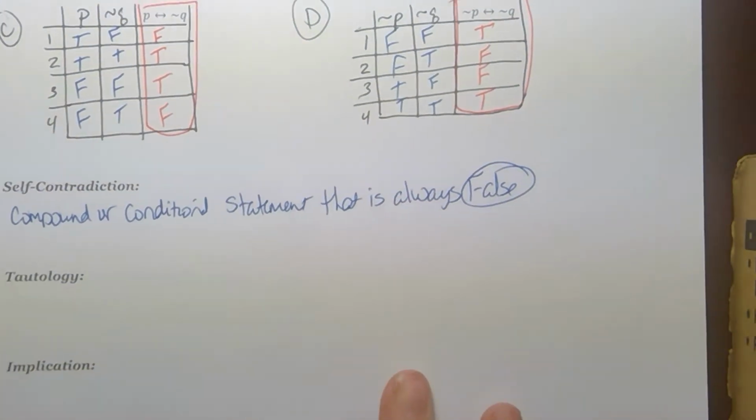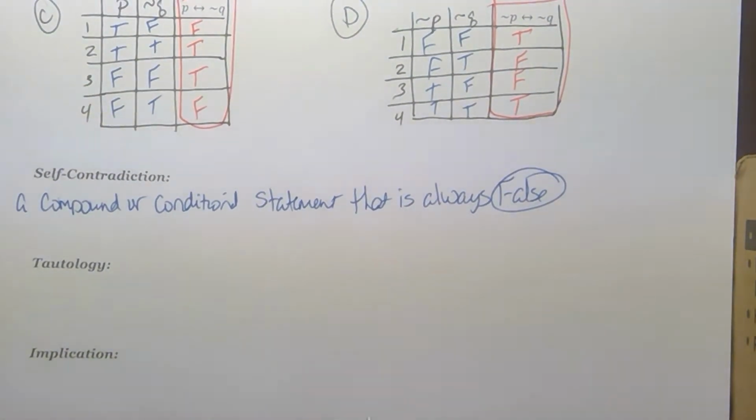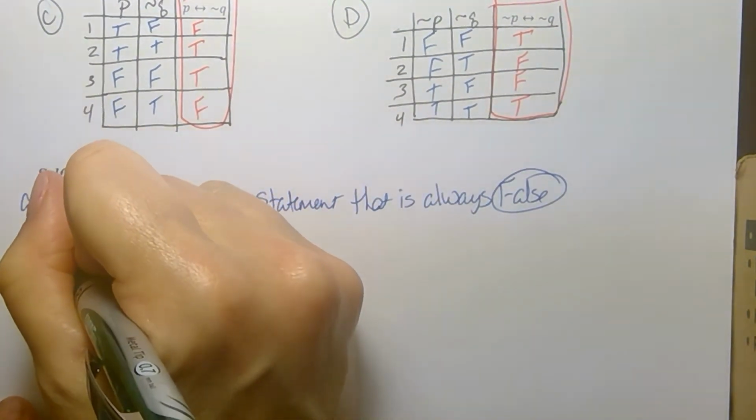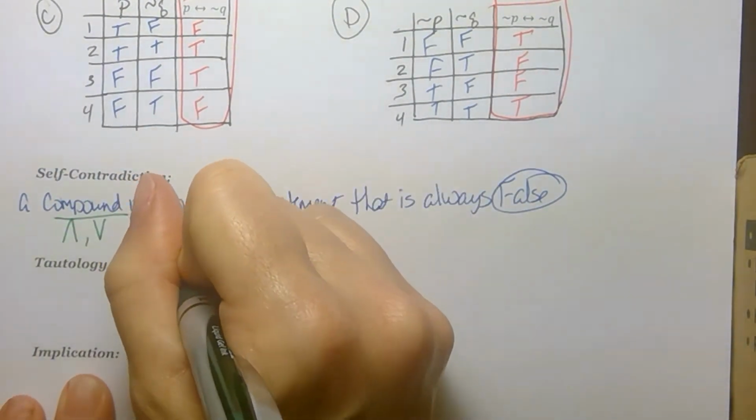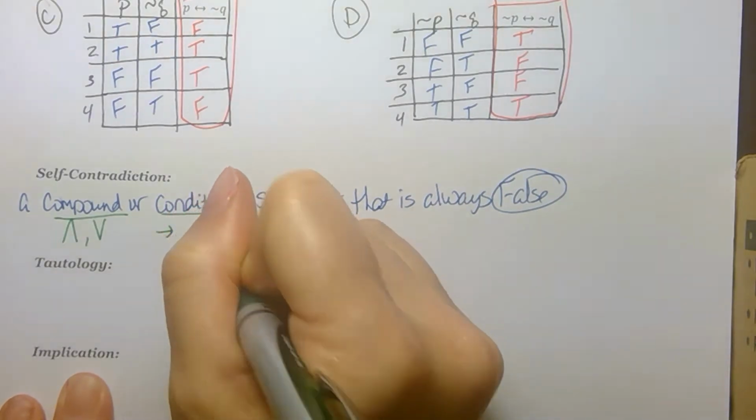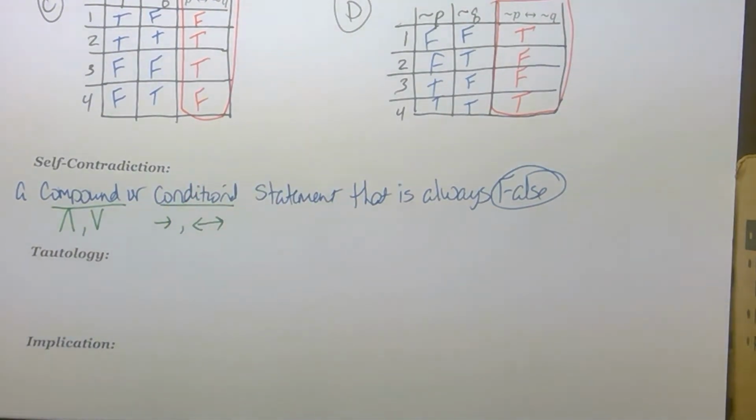It's a self-contradiction if it's always false. Now, compound. My compounds are conjunctions and disjunctions. When I say conditional, I'm referring to both conditional and biconditional statements. That's how those are grouped together.